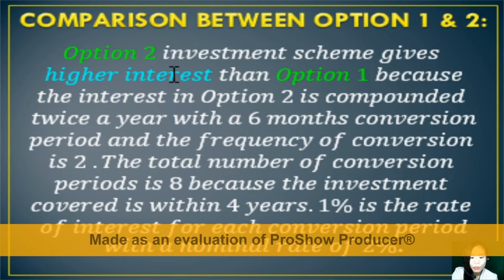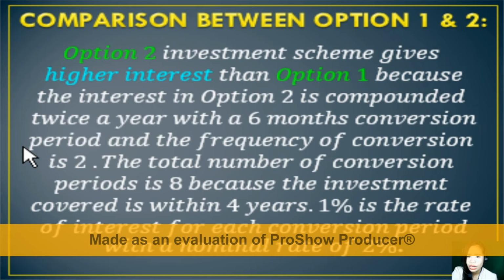The more times you compound it in a year, the more earning you will have after how many years. So option 2 is compounded twice a year with a 6 months conversion period, and the frequency of conversion is 2.